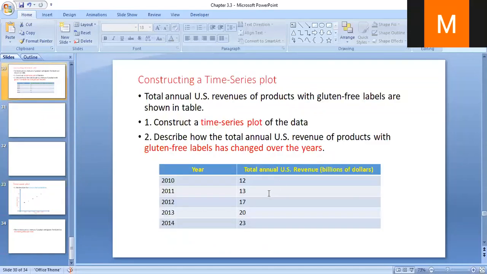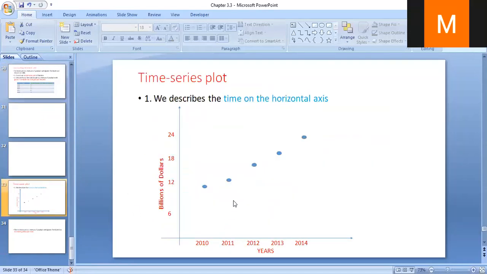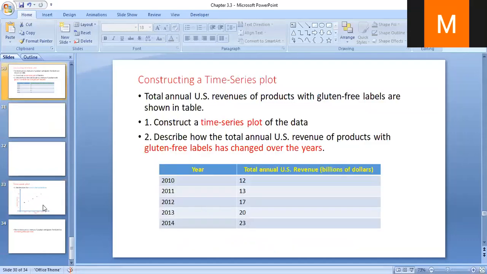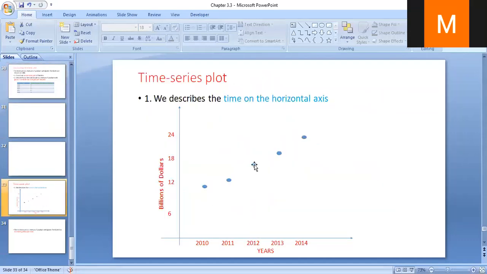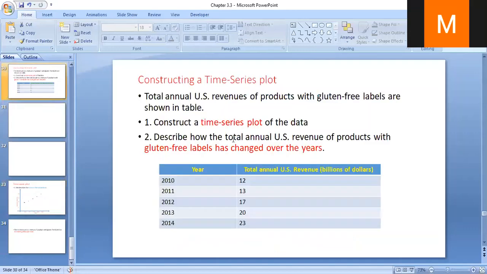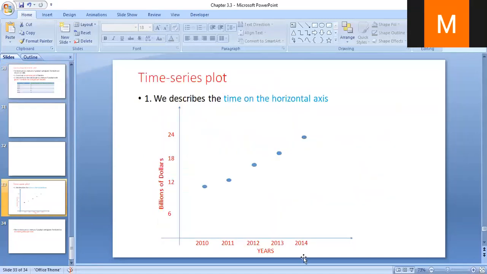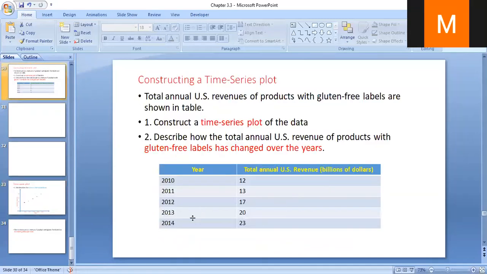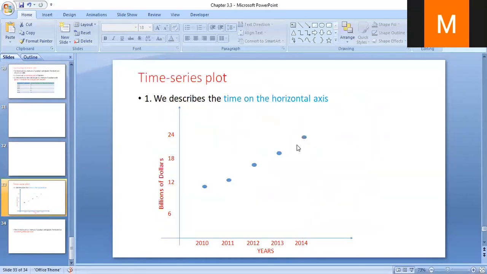And number 2011, we have 13, and number 2012, we have 17. 2013, we have 20. Number 2014, we have 23. That is, we call it the time series plot.